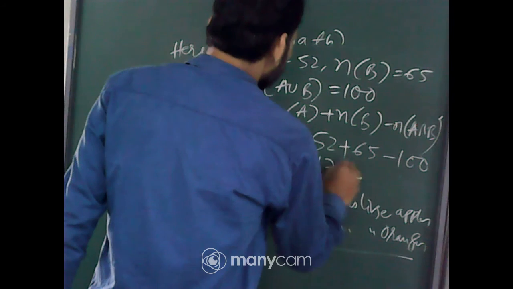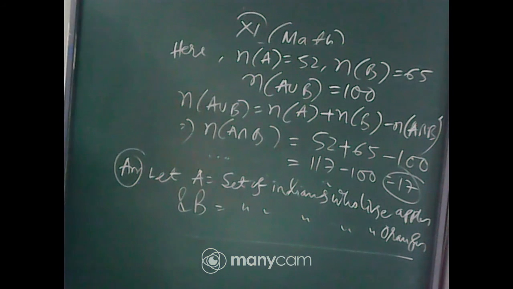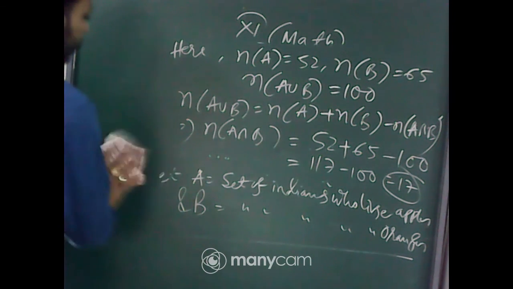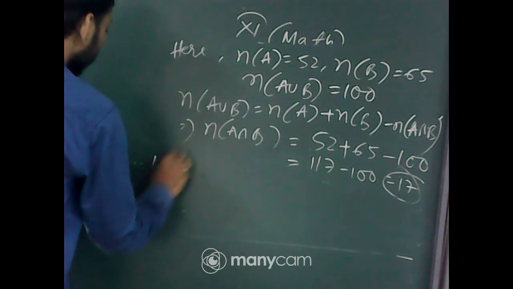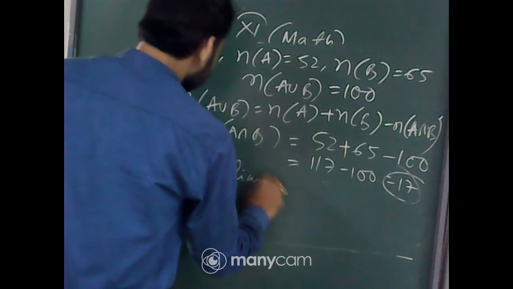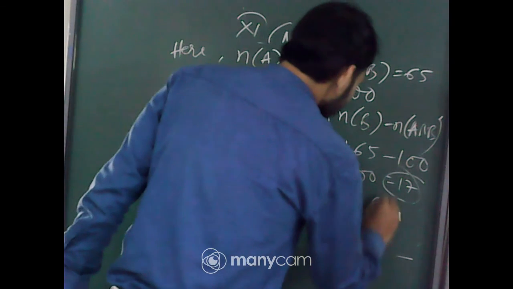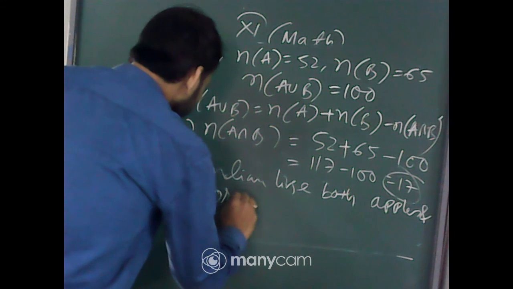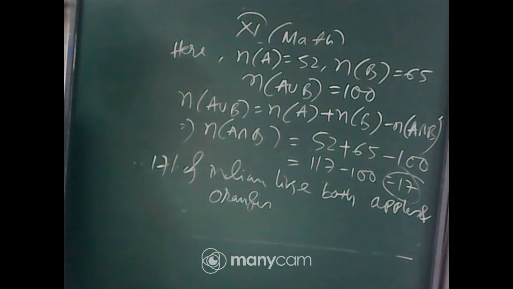So 117 minus 100, so 17. That means 17% of Indians. Yes, both of you are correct. Therefore 17% of Indians like both apples and oranges. Okay. Have you got it?